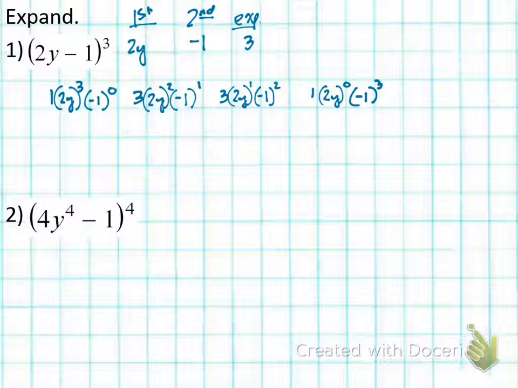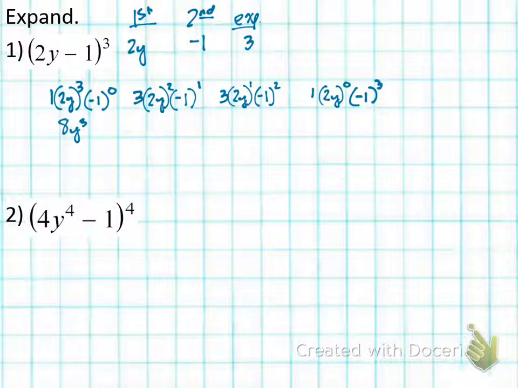Alright, now we've organized each term, so now we can work in chunks here. First one, -1 to the 0 power is 1, 1 times 1 is 1, and then 2 to the third power is going to be 8, because 2 times 2 is 4, times 2 is 8. 8 times 1 is 8, and then y raised to the third is just y to the third. That's the first term. Okay, that was the easier one.